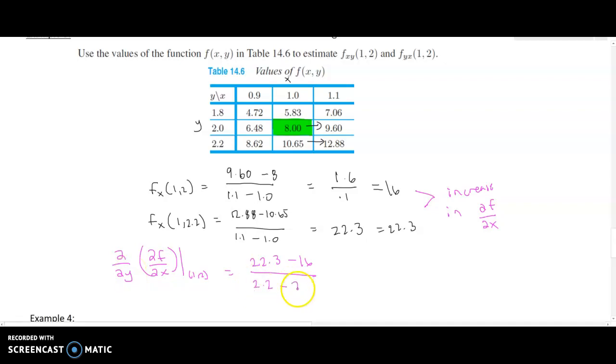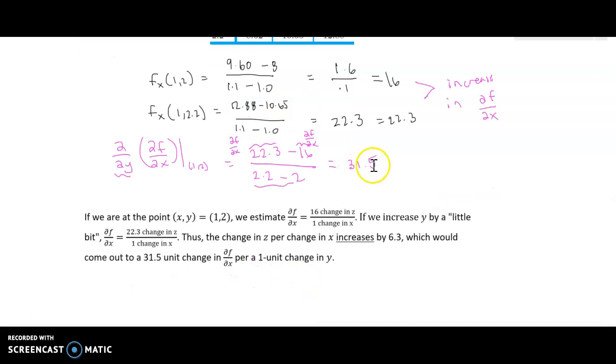So 2.2 minus 2, that's my change in y right there. These guys are my df dx's. This is df dx, and this is df dx, but they're for slightly different values of y. And that comes out to 31.5.